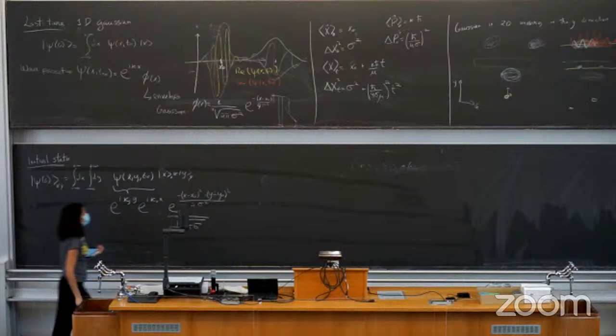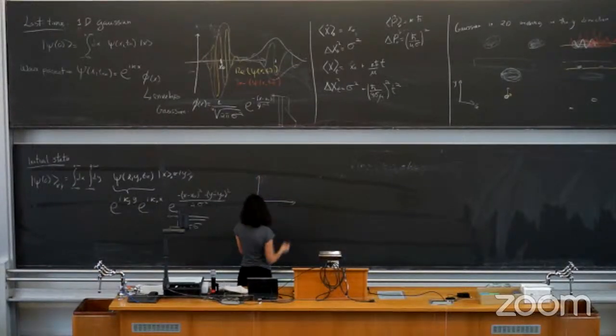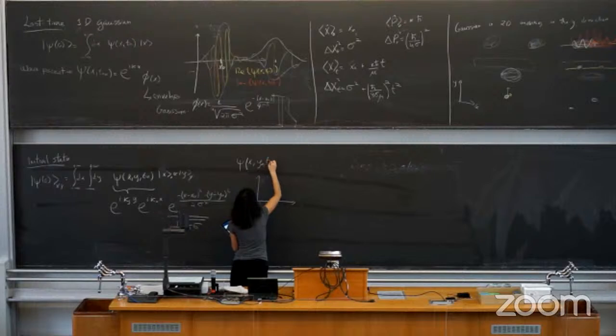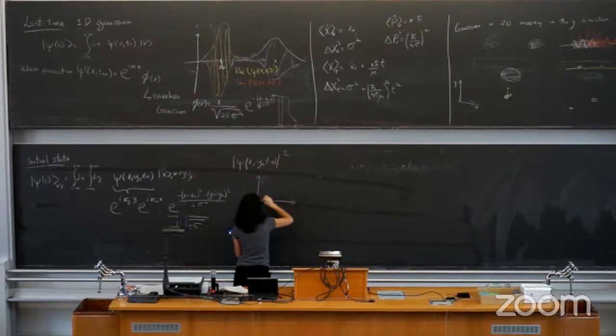So if you look at this part for, say, y0, and we look at the wave function squared at x, y0, time equals 0, modulus, then it's going to look like this around x0.